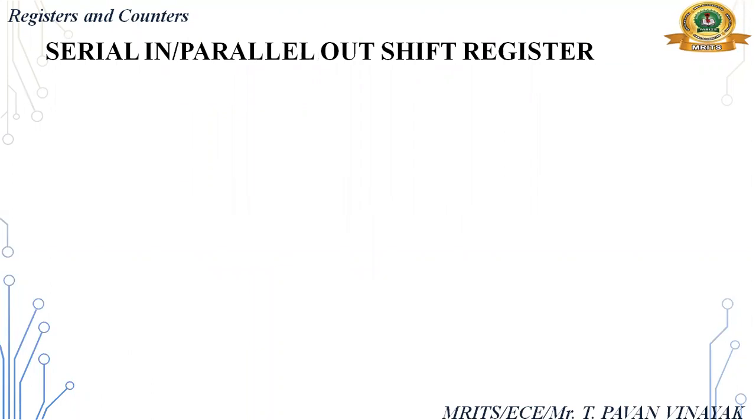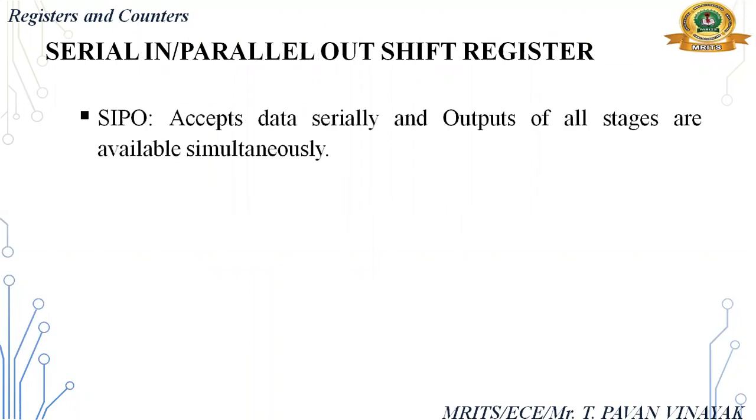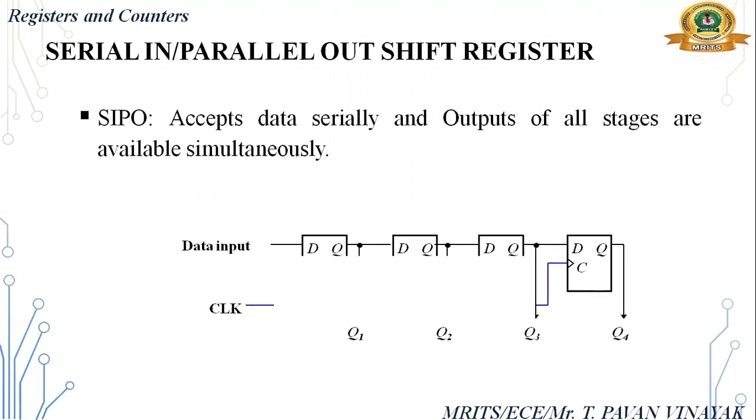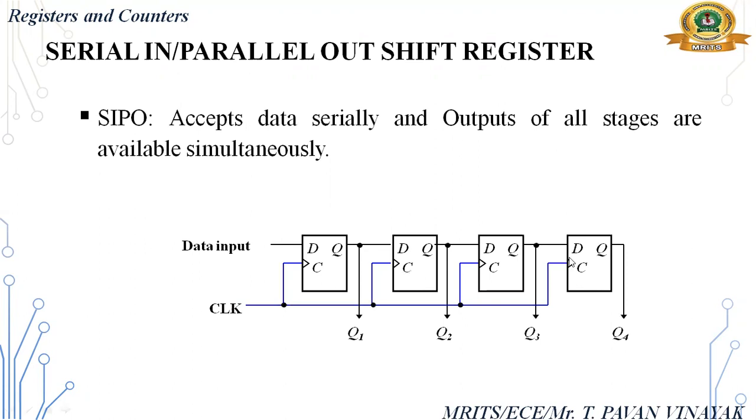Next one is serial in, parallel out. It accepts data serially, means input is given serially, and output is taken at all stages. So this is the circuit: first, second, third, fourth. We give data serially, but output is taken at each flip flop.